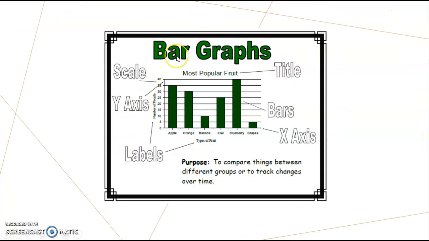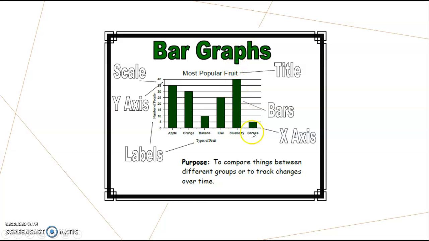So here's another example. It's the same thing we just went over. Here is the title. Here is the y-axis with numbers and the label. Over here there's another label, and the ones at the bottom are called the x-axis.